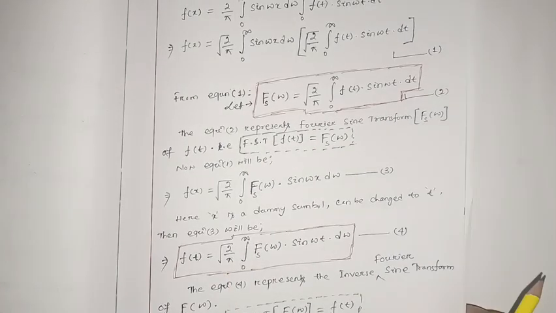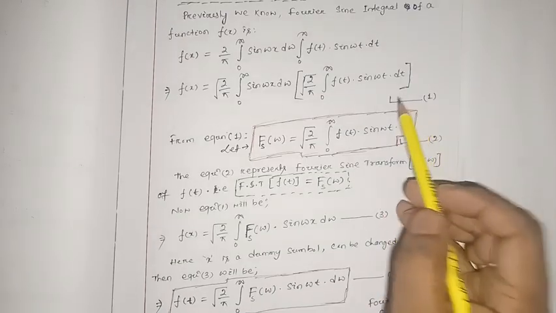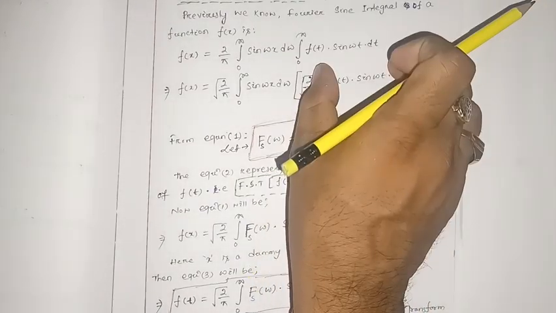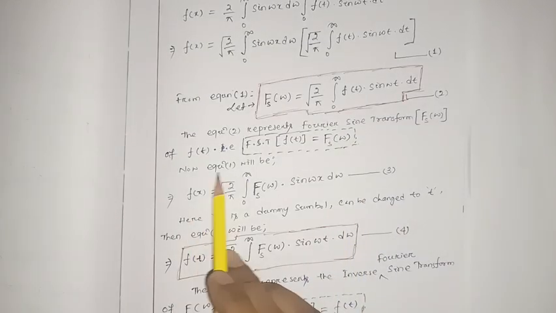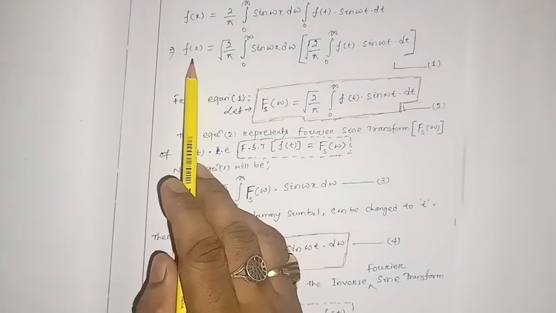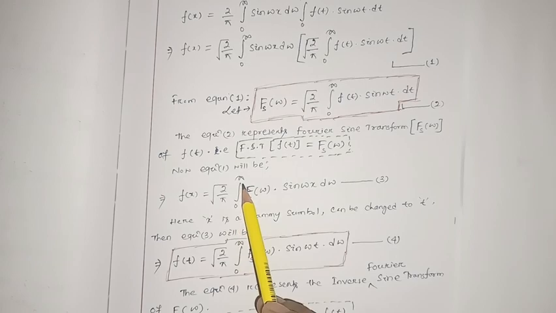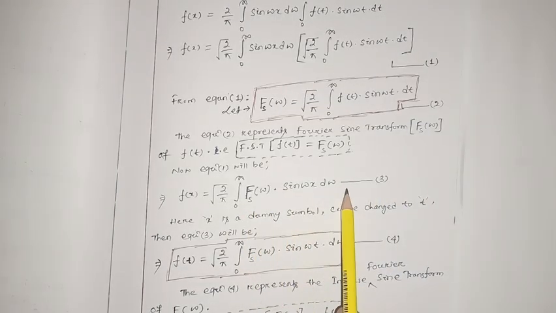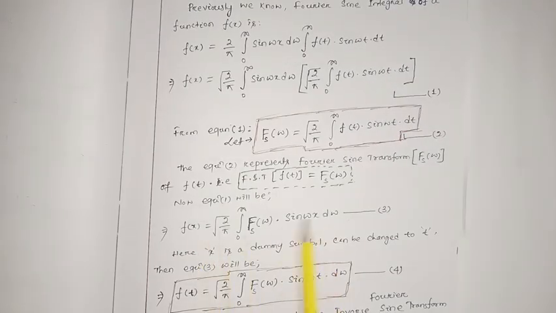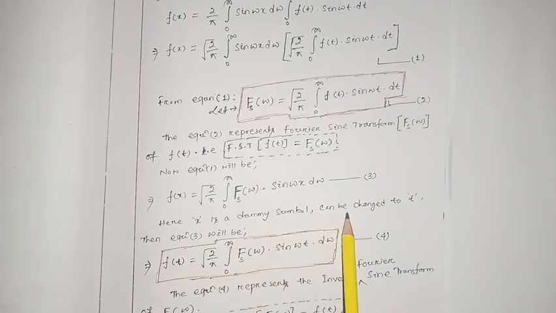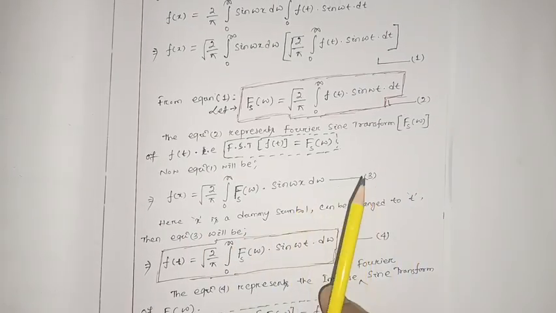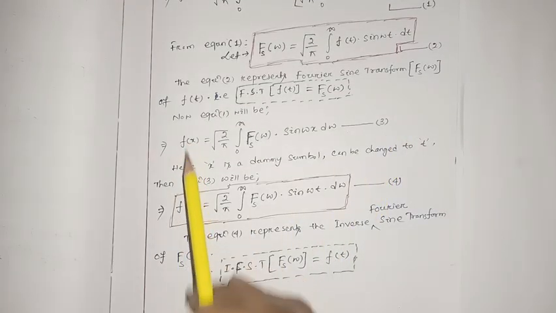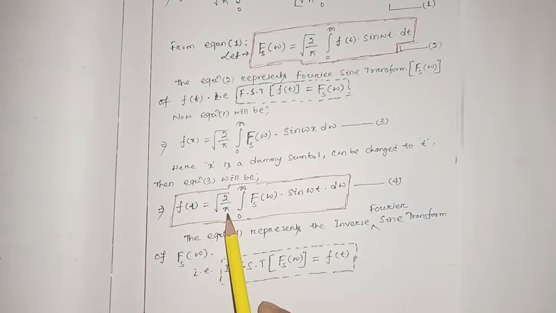Now if we consider equation number 1 and substitute this value, then f of x will be equal to root over 2 by pi, 0 to infinity, here we substitute this value, F s omega sine omega x d omega, and here x is a dummy symbol. So instead of x, if we put t, then equation number 3 will be written as f of t equal to root over 2 by pi, 0 to infinity, F s omega sine omega t d omega.